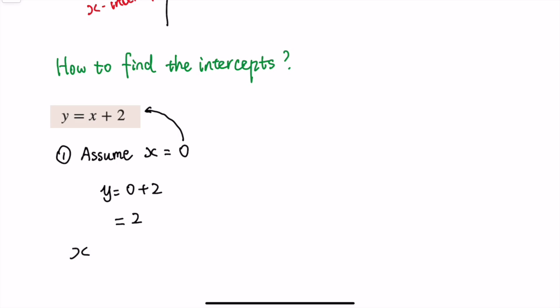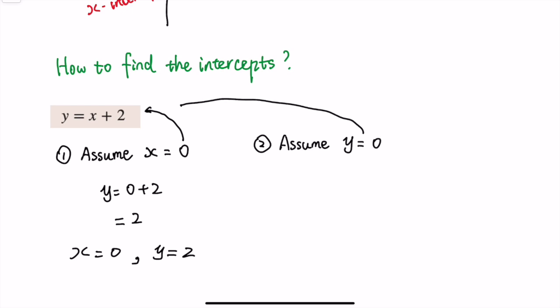So now we get x equals 0 and y equals 2. The second step is you are going to assume y equals 0. Then you put this value into this equation and figure out what the x value is.